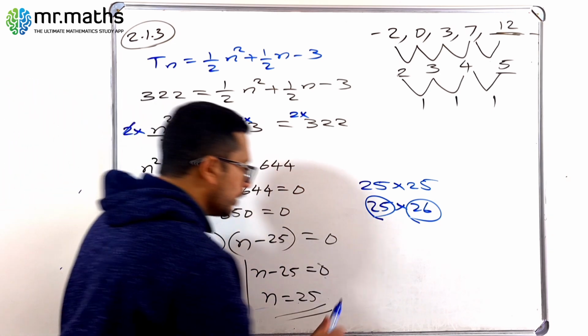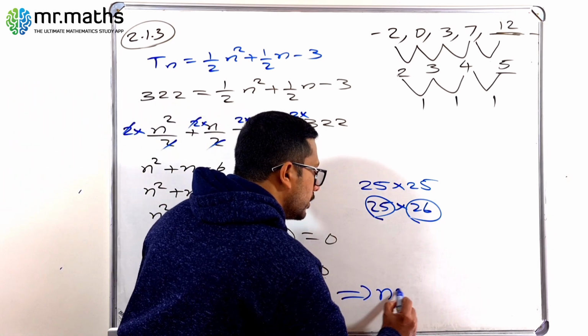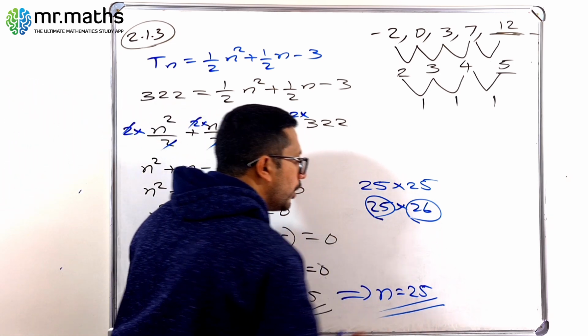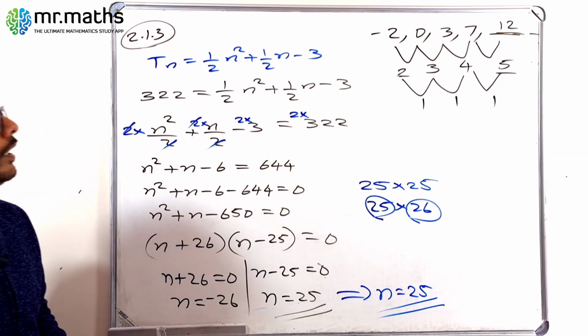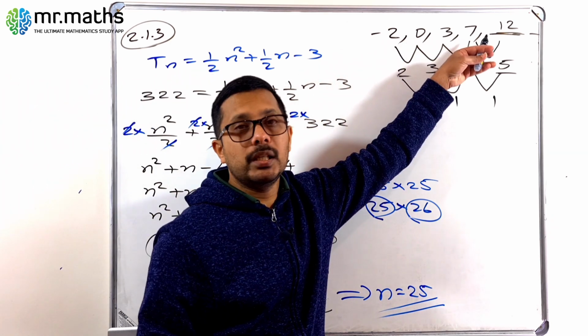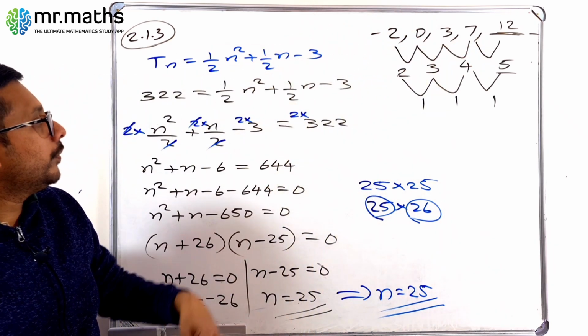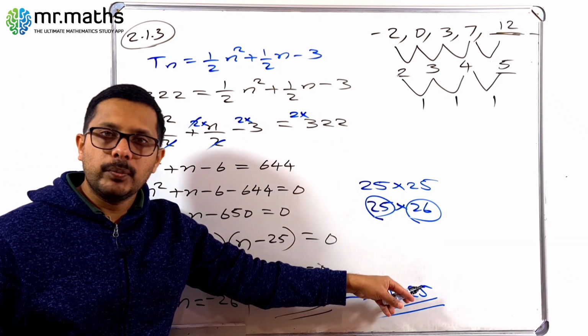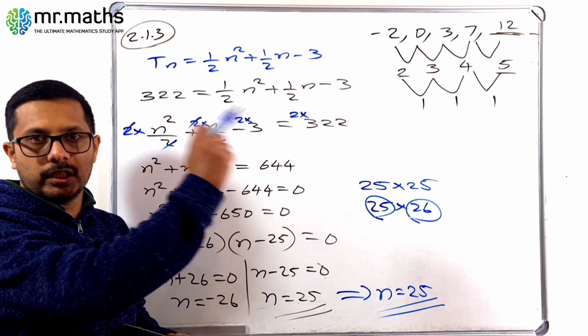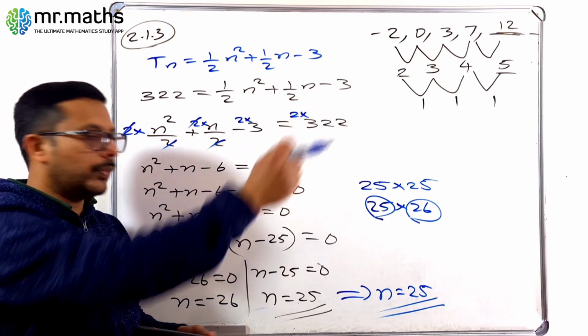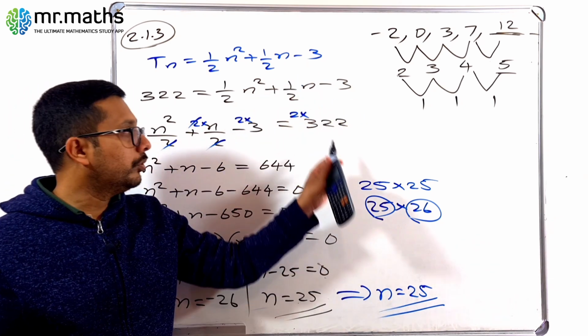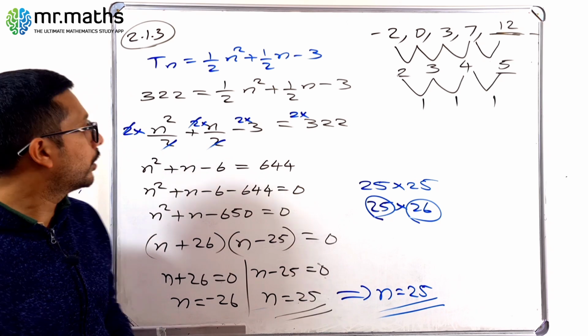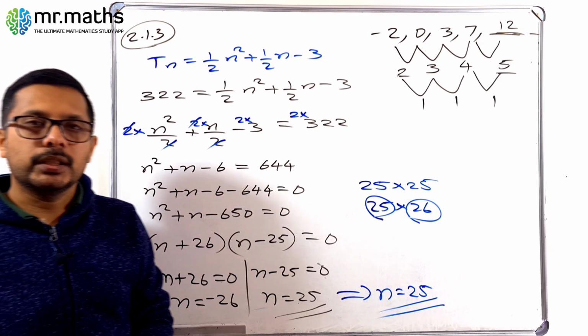So the value of n is equal to 25, and we can say that in this sequence the 25th term is 322. When we continue that sequence, the 25th term is this 322, and that's the question. That is 2.1.3.